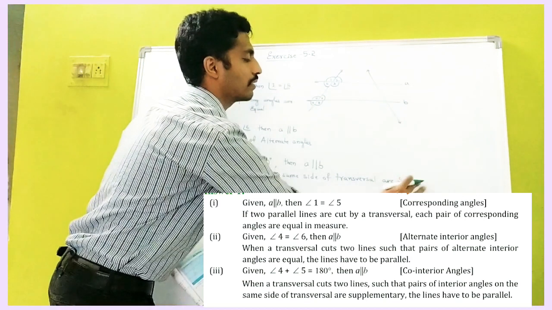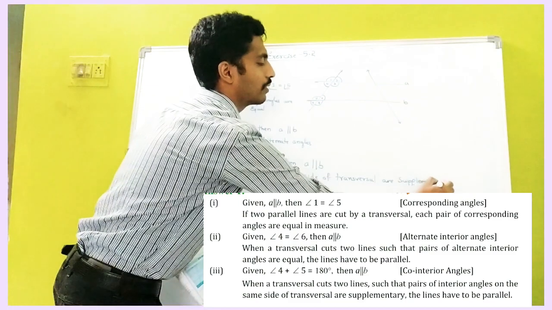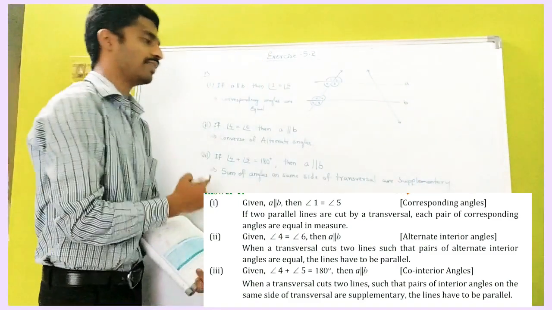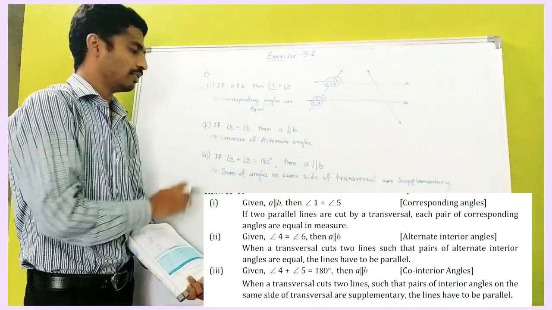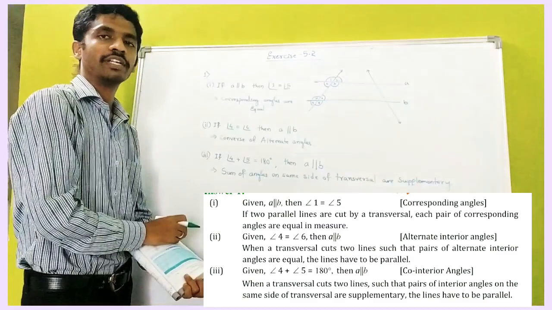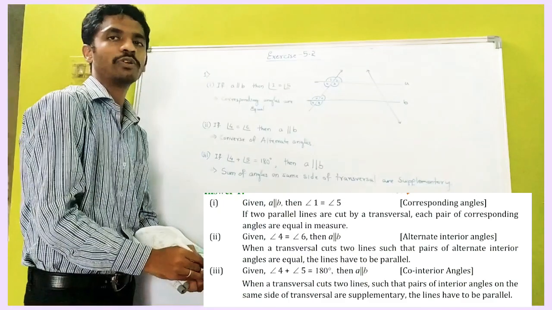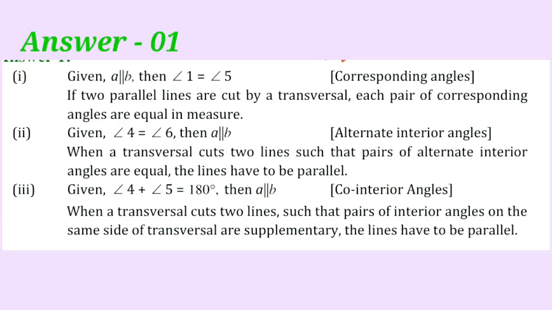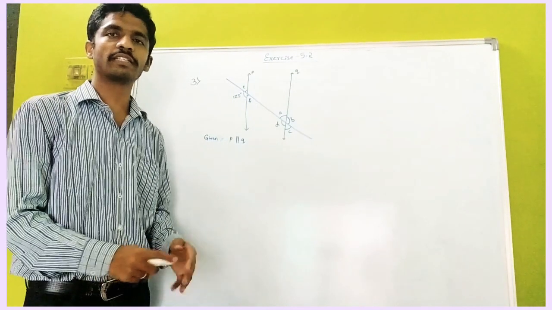Supplementary means 180 degrees. So if they are supplementary, then the lines will be parallel. That's why angle 4 plus angle 5 will be 180. So if they are 180, then automatically A parallel to B. The second question is for your practice. It is very easy. Just identify the angles and write down.